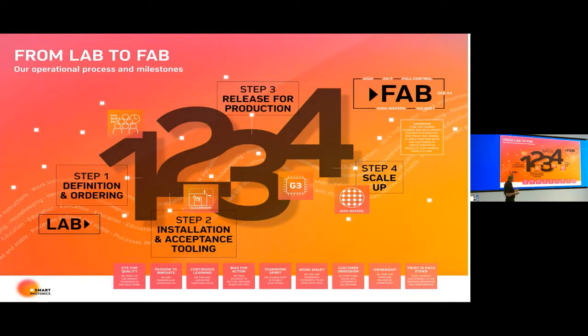And in 2020, we put together a strategy to become the global leading foundry of photonic integrated circuits. We called that lab to fab, because it was dabbling around with all of these technologies. And now we want to become the next TSMC. So pretty ambitious there.